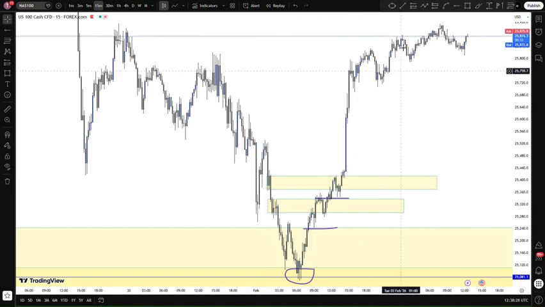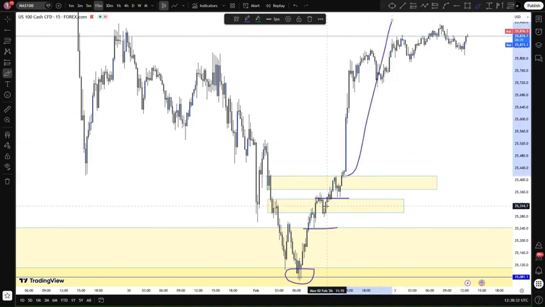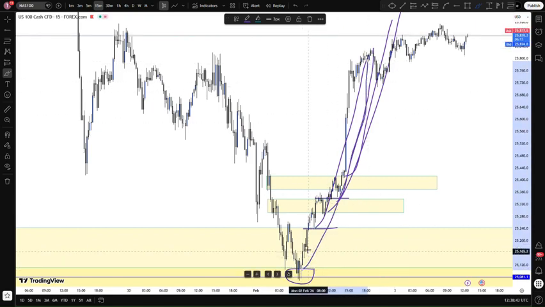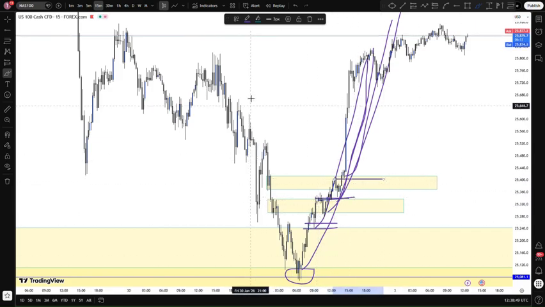You just capitalize on the entries. Capitalize, go. Capitalize, go. So you're just looking for different entries on lower time frames, but you understand what is happening. Of course, you can use other confluences by understanding why at this time it's supposed to be doing whatever it's doing.